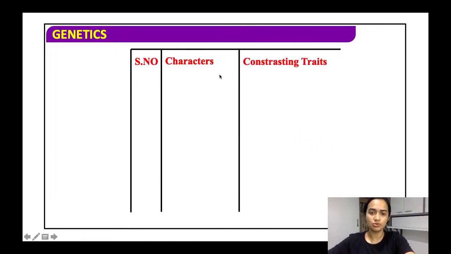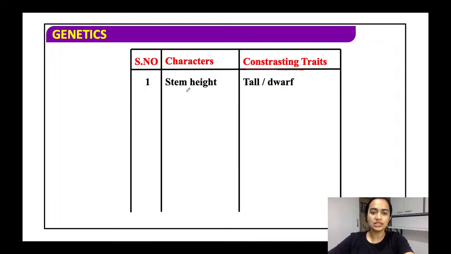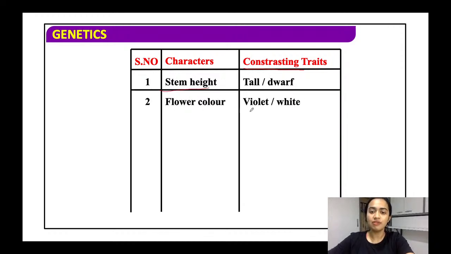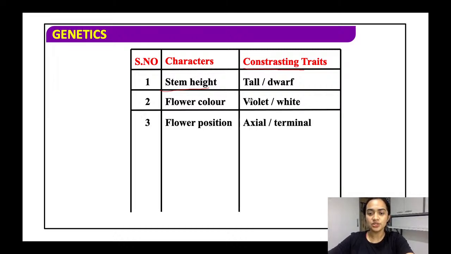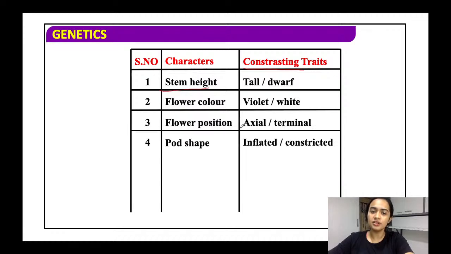So what he found was, he first made a list of characters and their contrasting traits. As I showed you, whatever the two traits, they are exactly opposite to each other. For the character of stem height, it is either tall or dwarf. Coming to flower color, either violet or white. Flower position is either axial or terminal.